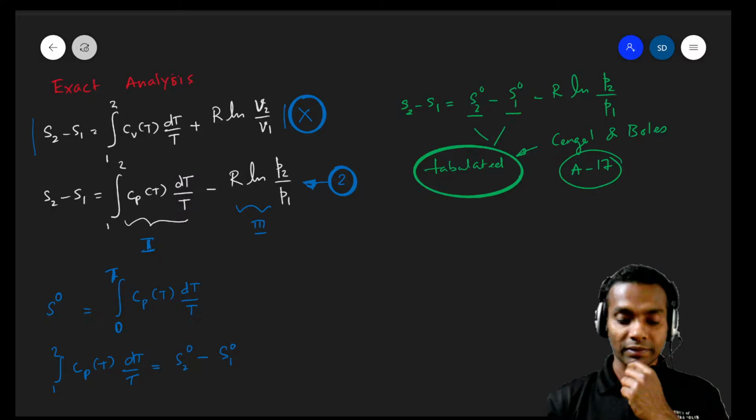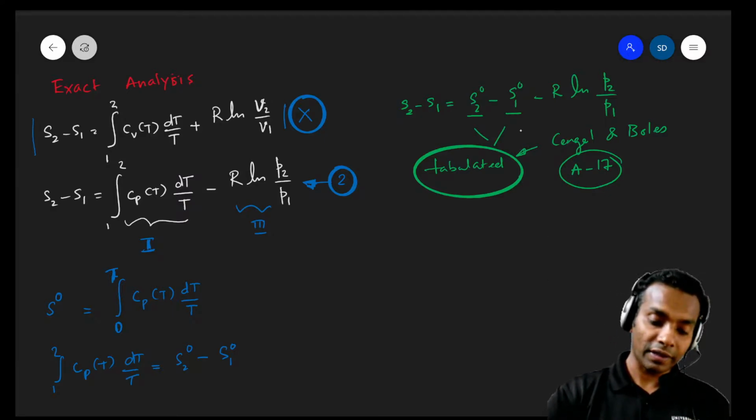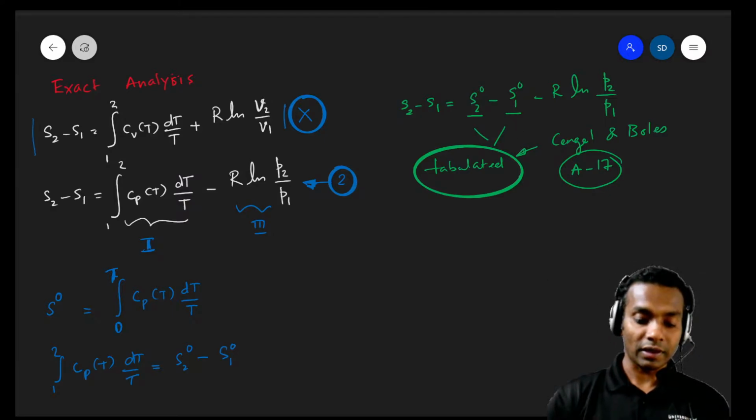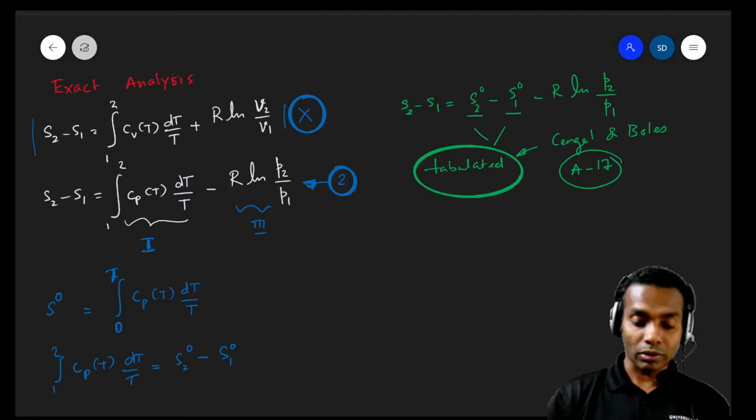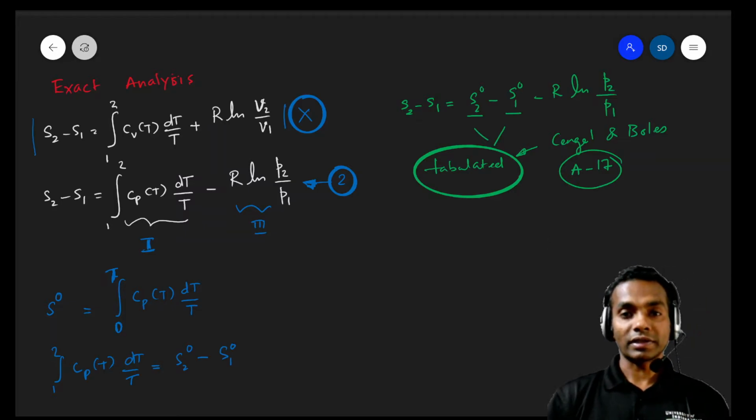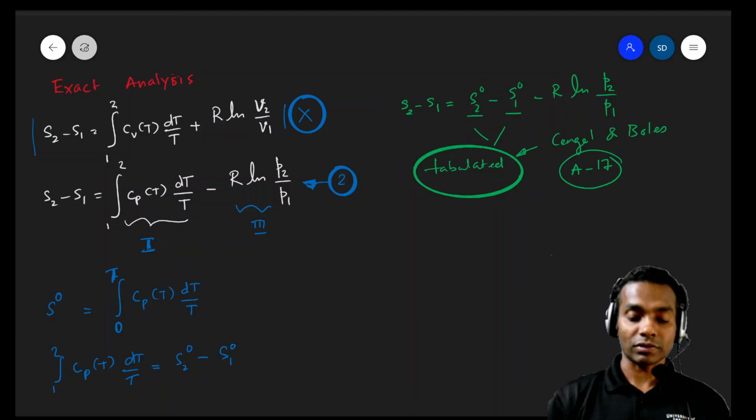So you go to Table A-17, find these values, and then you should be able to find the entropy difference in that process in the exact analysis. For the exact analysis, you always need to look into the tables, and from the tables, if you know the temperature, you can find the values of S2 naught and S1 naught.